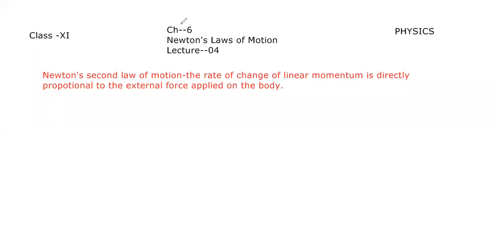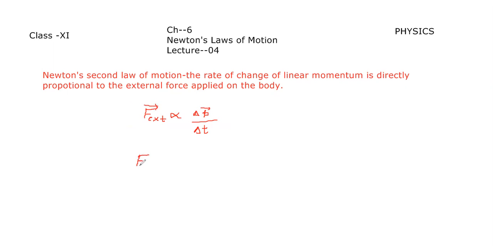Now, from the mathematical point of view, what is linear momentum? Change in linear momentum. We all know that P equals mass into velocity. The mathematical notation of the second law is written as F external is directly dependent upon change in momentum, so it is written delta P upon delta T. We know that force is a vector quantity and momentum is also a vector quantity.